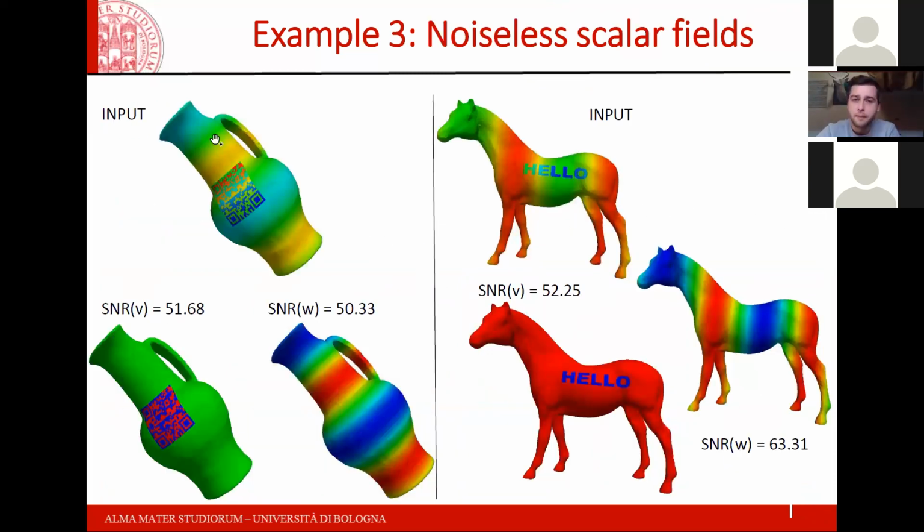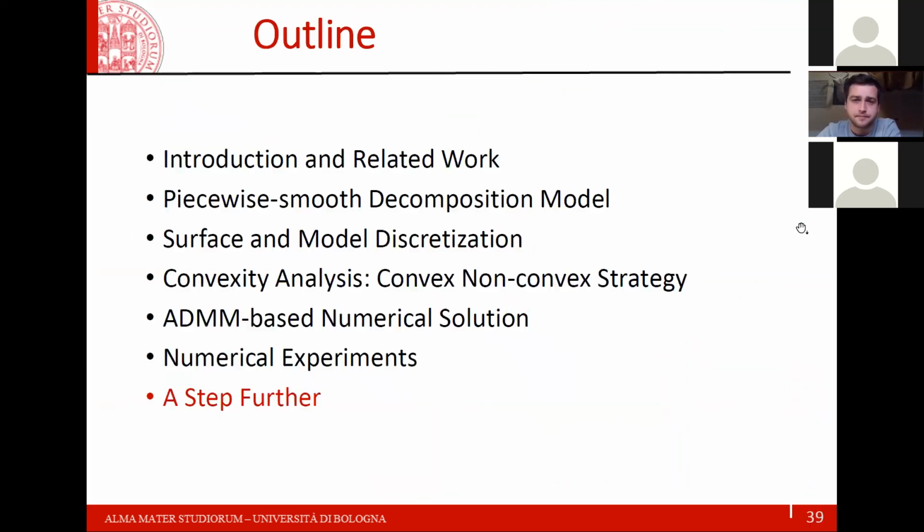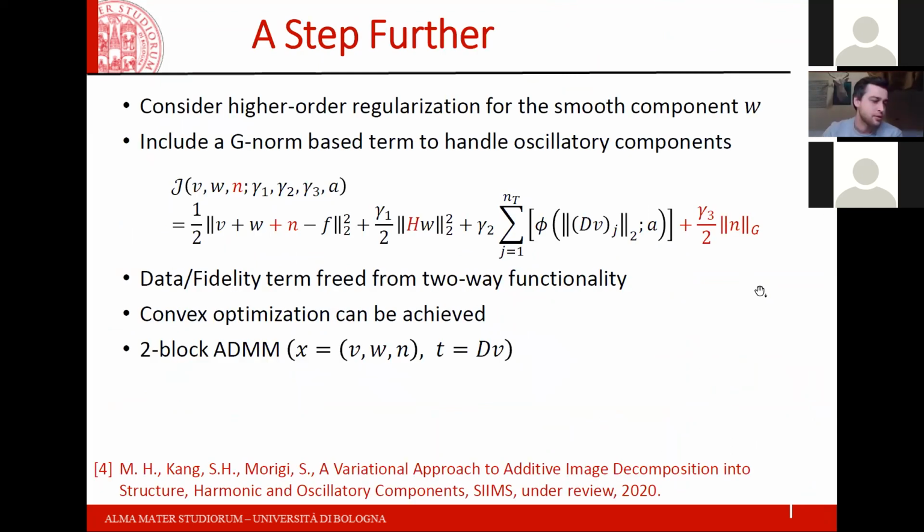Additional example for noiseless scalar fields and the decomposition results that we obtained. And I suppose quickly I should just mention what we can do as a further step in the following work, which is still under review.